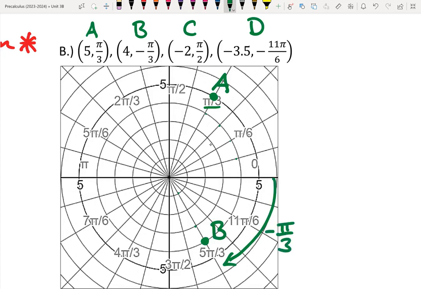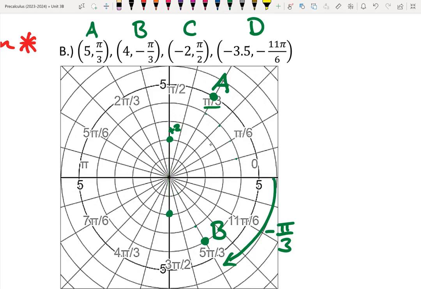All right. Point C, Dean. So pi over 2, and then how do we do the negative 2? Which way are we going? All right, so we're going to be down here. But remember, this point is the positive 2. To get negative 2, I go in the directly opposite direction, right?